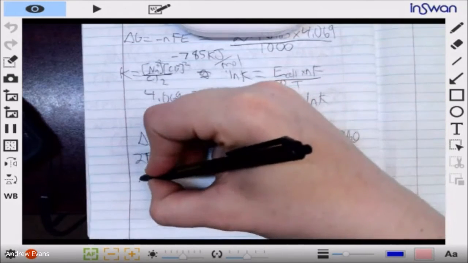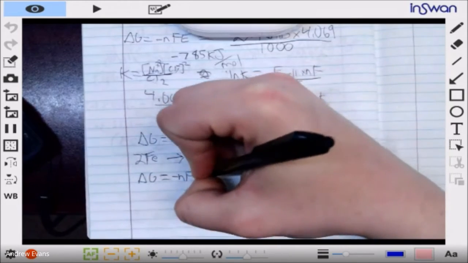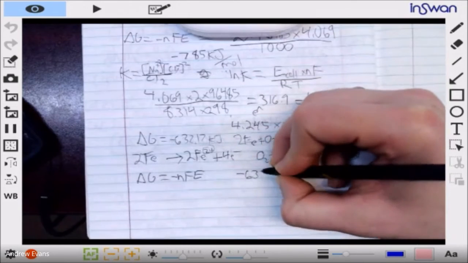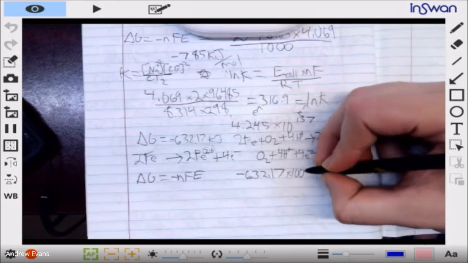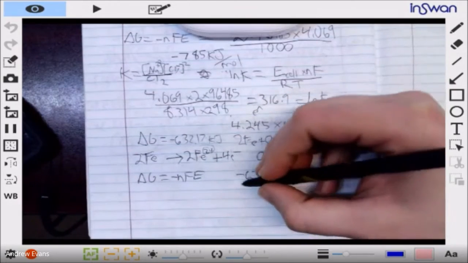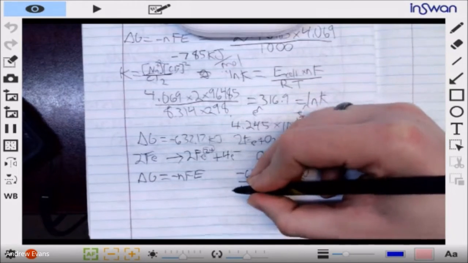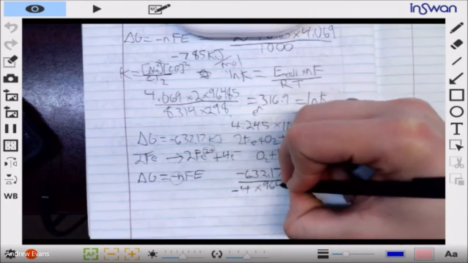Our equation is delta G equals negative nFE. So what are we going to do? We're going to take our delta G, 632.17, times our 1,000 because of units. This is kilojoules, we need this in joules. Divide by our negative 4 and our 96485.